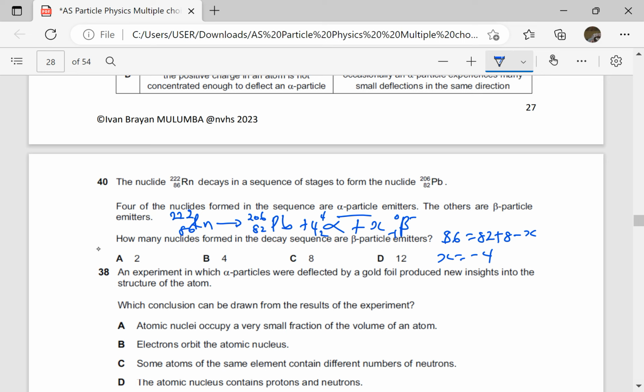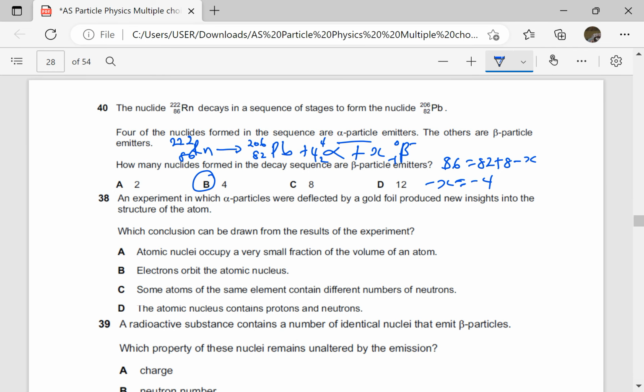The question is asking how many nuclides formed in the decay sequence are beta particle emitters. Since -x is 4, x is 4. So 4 beta particles are emitted, which means there are 4 beta particle emitters. The answer is going to be 4.